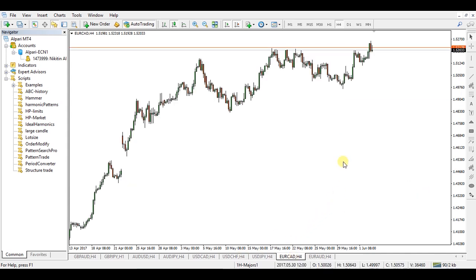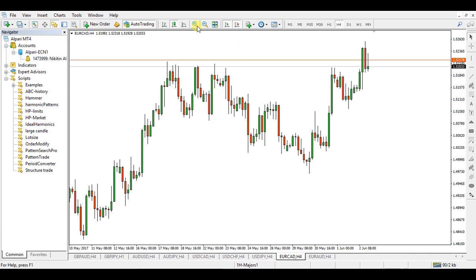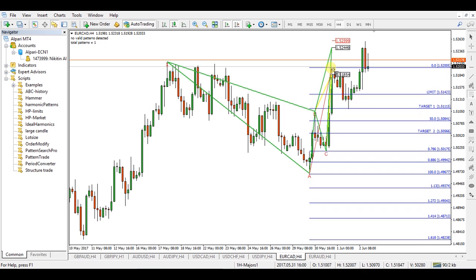Let's go next, Euro Canadian. What do we have on 4 hour time frame? Let's look at this pattern. This is not a potential, but already played.